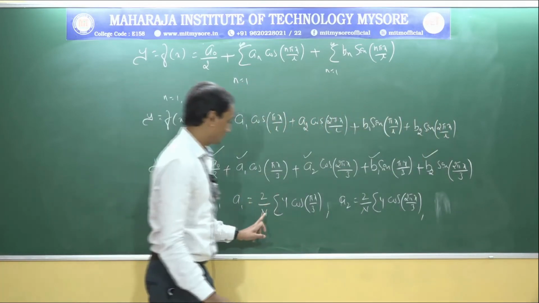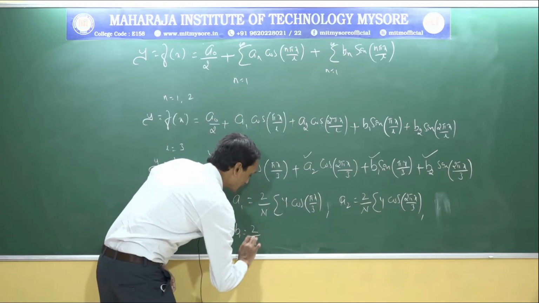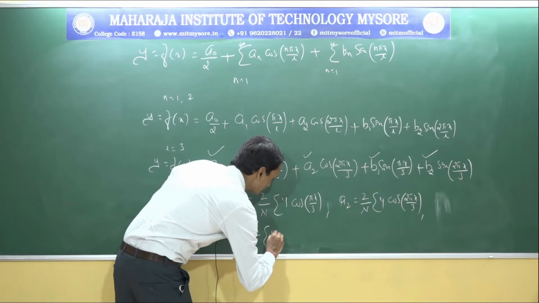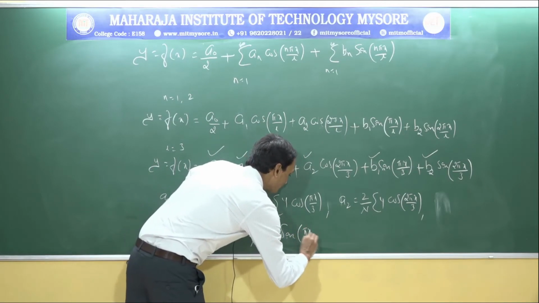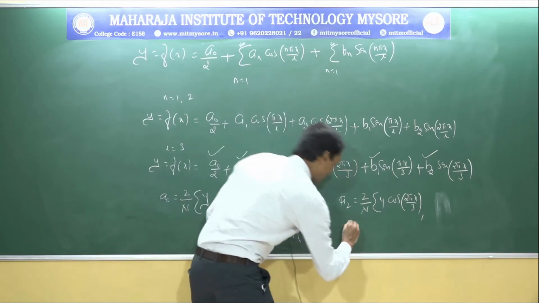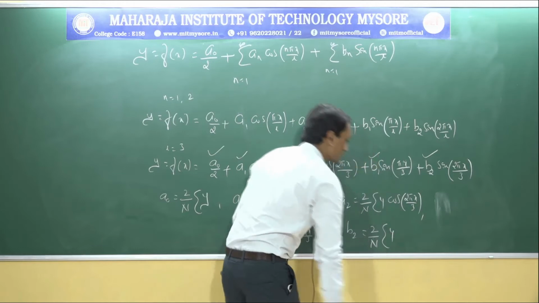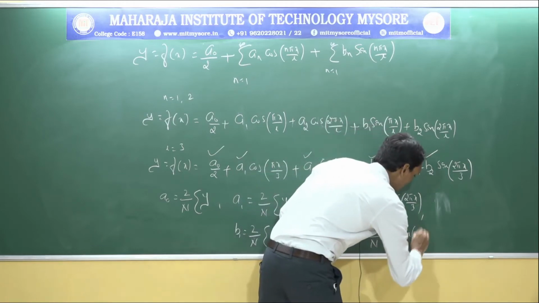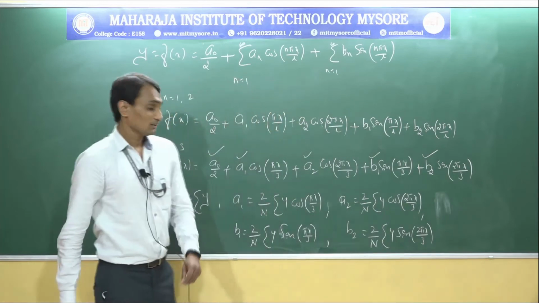Now b1 equal to 2 by n into summation of y into sin pi x by 3, and b2 equal to 2 by n into summation of y into sin 2 pi x by 3. These are all the values we should calculate.